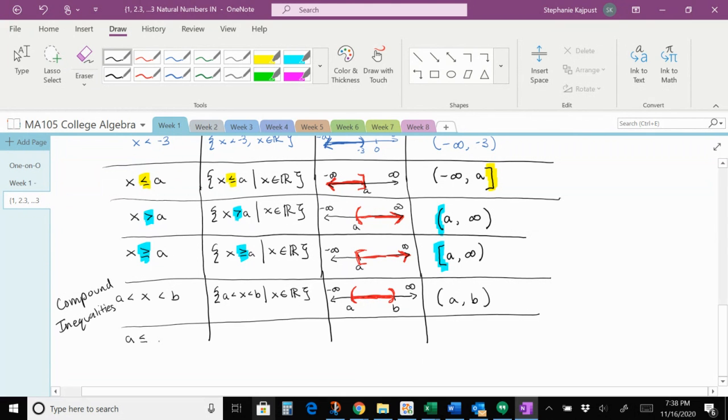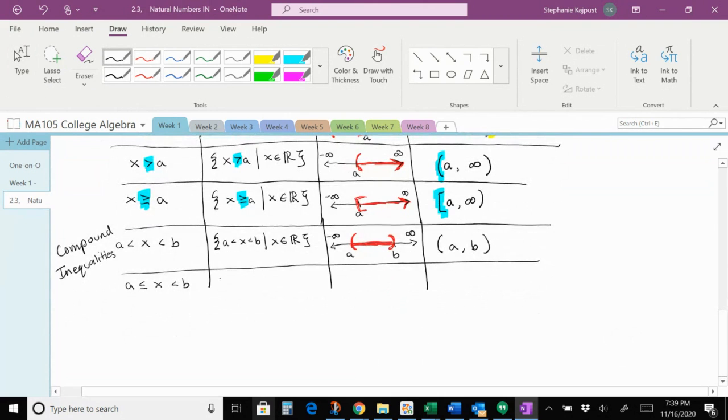And we could have minor changes. I can make one of the symbols a less than or equal to and the other one not. And set builder notation would look almost exactly the same. On our graph, it looks almost exactly the same.